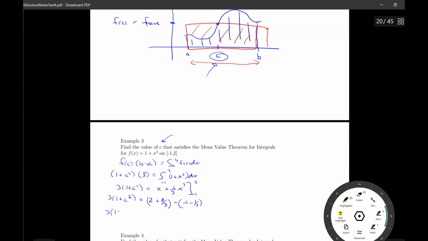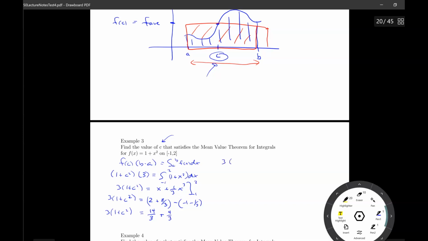So 3 times 1 plus c squared, so I'm off to find c, correct? So I get 6/3 plus 8/3, so that's 14/3. And then subtracting off, and this gives me a negative 4/3, so I'm going to be adding a 4/3.